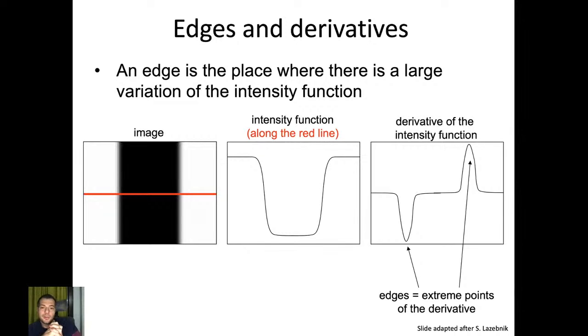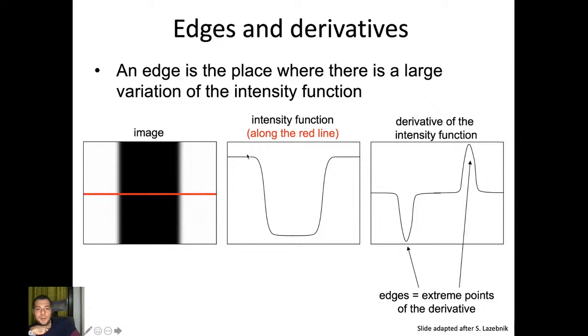The gradients give us the changes in intensity of the function. So for example, for this image, if we go along the red line, the intensity function looks something like this. So the gradients help us to find the locations with big changes.